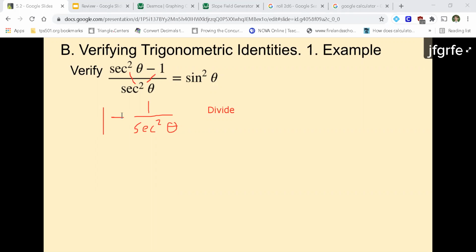All right, I think I have this. I could combine these back again, but that seems like that would be kind of pointless. That would reverse what we just did. So instead, the next thing I do is try to get everything in terms of sine and cosine. So what is 1 over secant?